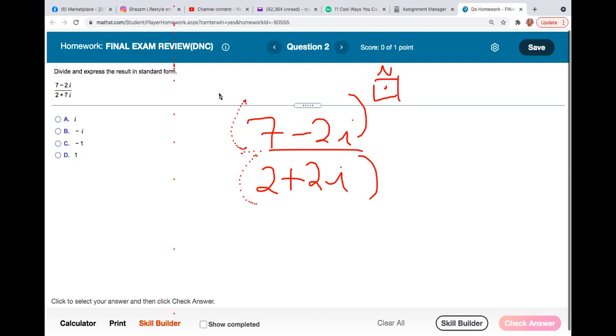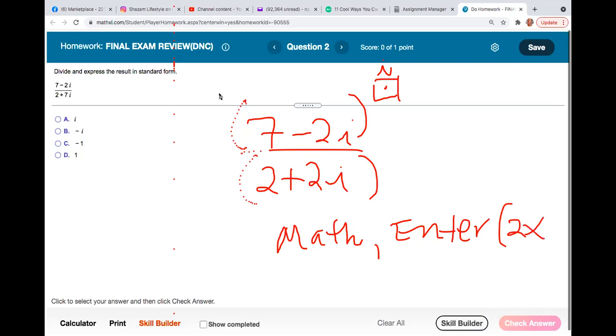Once you get your answer, it's probably going to be a long series of decimals. To convert it to a fraction, hit the math button and then enter 2 times, and it will pop up the answer as a fraction or in the form a plus bi.